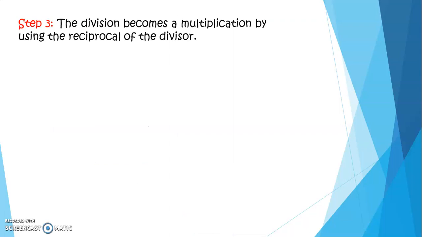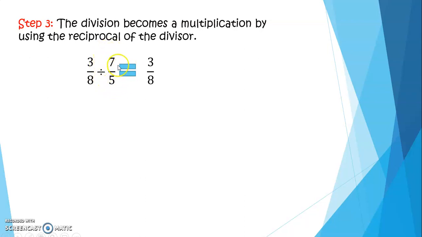In step 3, this is what you're going to really pay attention to. I'm going to explain this really slowly. We're going to make this division become a multiplication. We do that by leaving the dividend without changing. It's going to be the same. But we're going to change this fraction for its reciprocal.